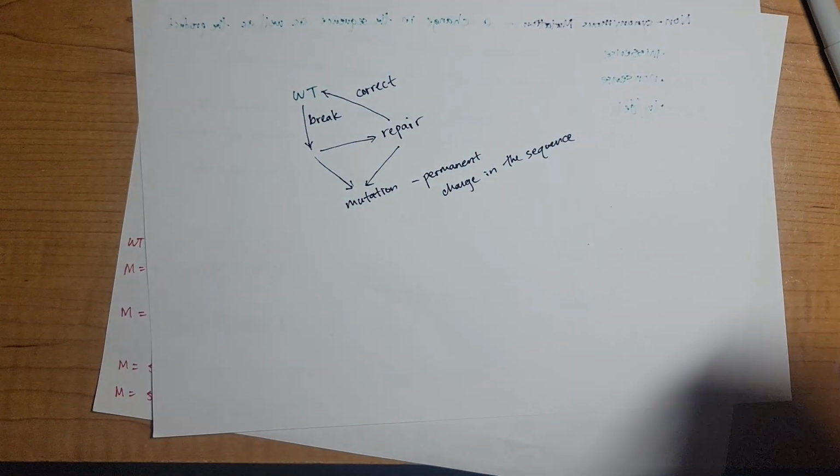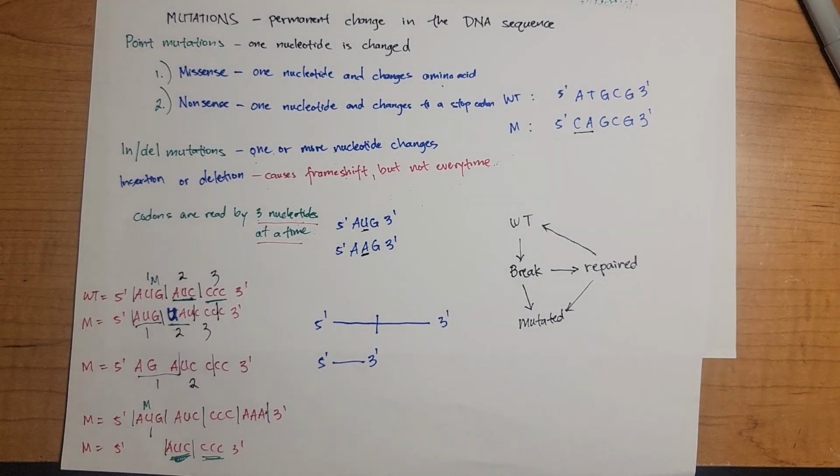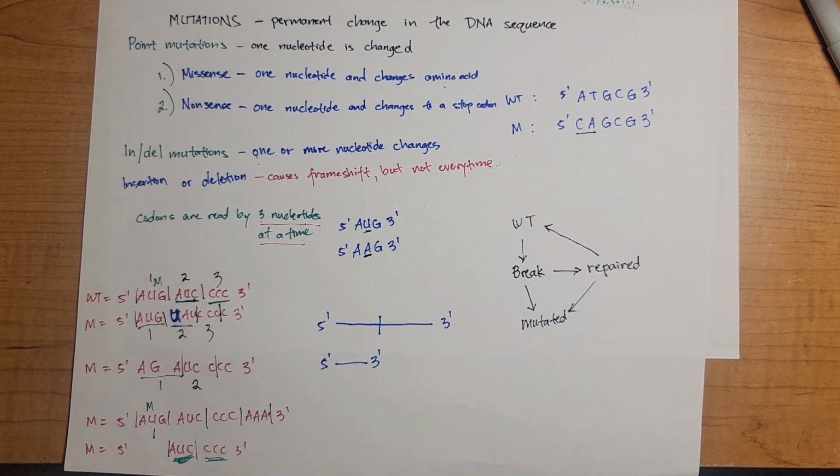Now, there are different types of mutations. We have point mutations, which are one nucleotide change, and depending on what it is, it could be a missense or a nonsense. And then there are also indel mutations that are one or more changes in the nucleotide. It could either cause a frame shift or not.